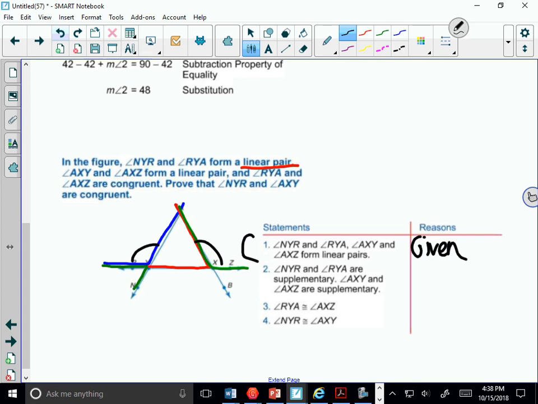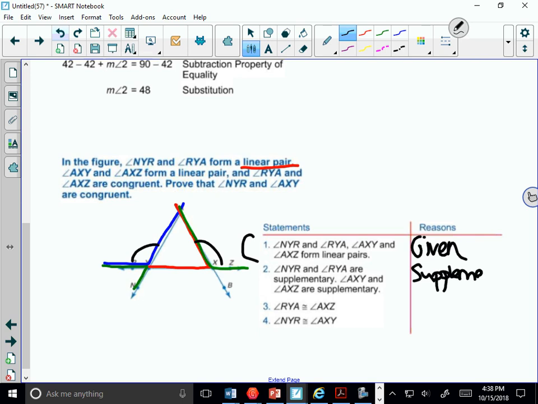The next thing they tell me, they say NYR and RYA are supplementary, and AXY and AXZ are supplementary. It's something that we've talked about before, but there is one of your theorems on the front called the supplement theorem.